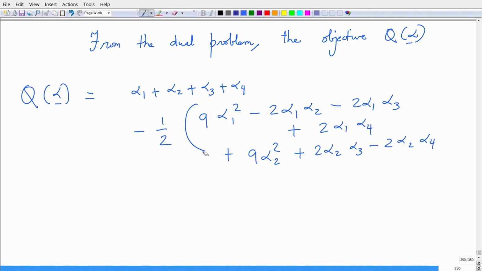So, I have a lot of terms. I think I need to get this brace really quite big.